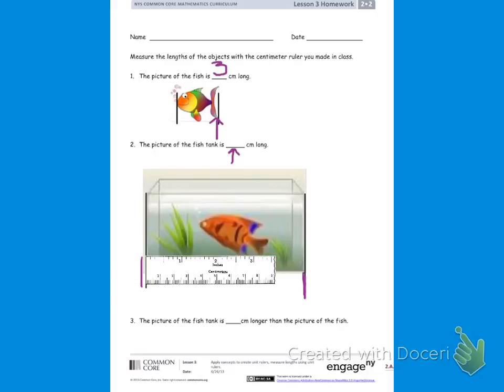So what you're going to do is you're going to take the number of centimeters long the fish tank is, and you'll write it right here. Then you'll take the number for how long the top fish is and write it right here.